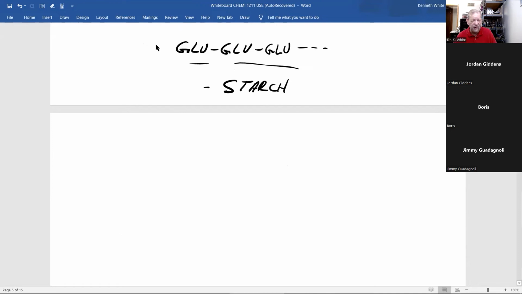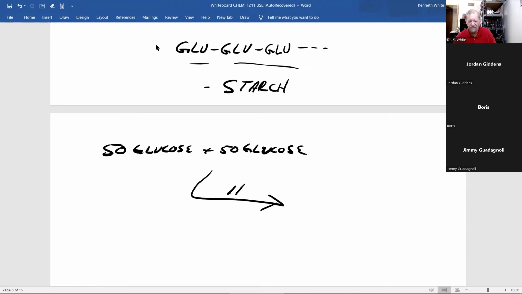So what I could say, and you should know this, I take a lot of glucose molecules and react them with a lot more glucose molecules in the presence of an acid we call an enzyme.